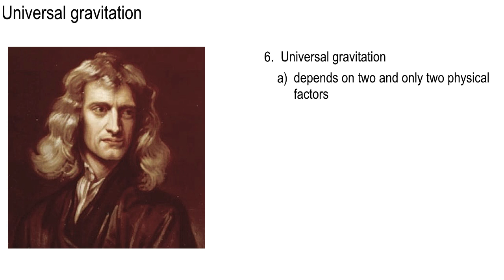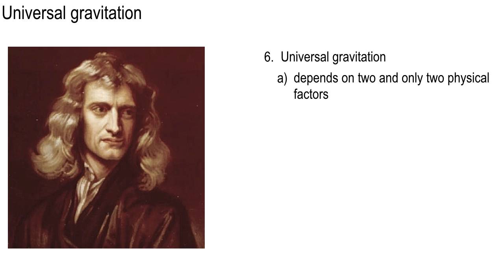He said that in universal gravitation, in other words, terrestrial and celestial, the apple falling out of the apple tree, terrestrial, and the moon circling around the Earth, celestial, that same force affects both of them. So it's universal, everything in the universe.